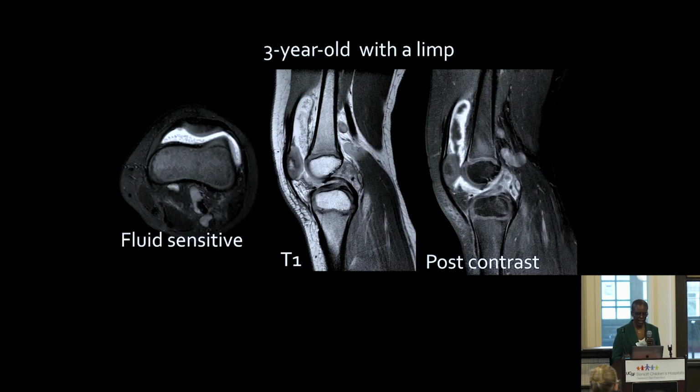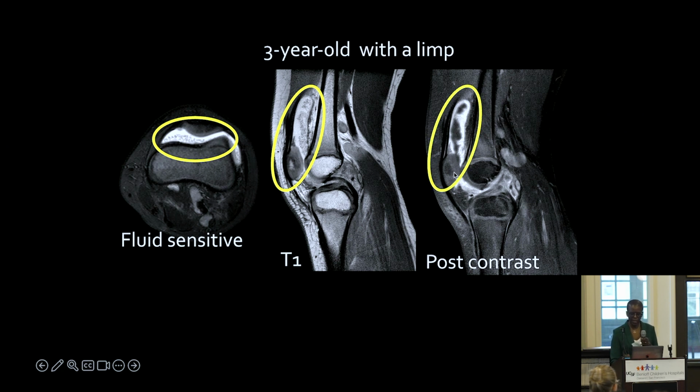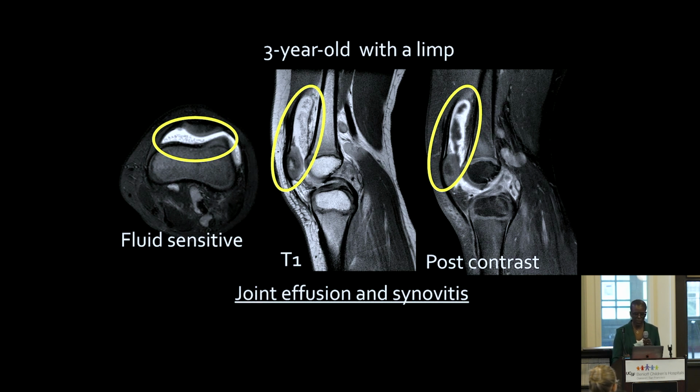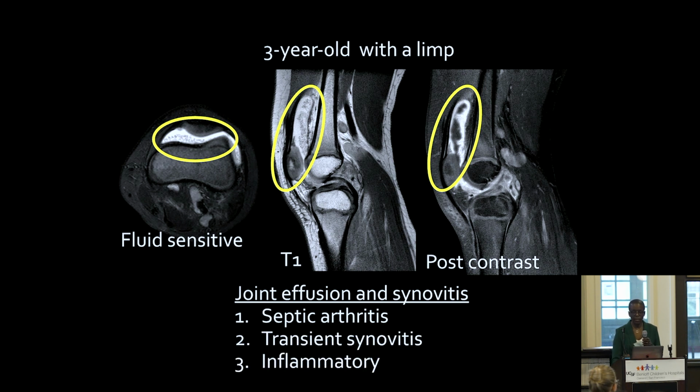And finally, for this category, this is a 3-year-old with a limp. Okay, so this is a fluid-sensitive sequence, and we're seeing a joint effusion. Okay, and then following the administration of gadolinium, there is this shaggy appearance of the synovium that's enhancing. So of course, with a joint effusion and synovitis, the first thing we want to exclude is going to be septic arthritis, but the differential is going to include transient synovitis, other inflammatory etiologies like hemarthrosis in the appropriate clinical setting.